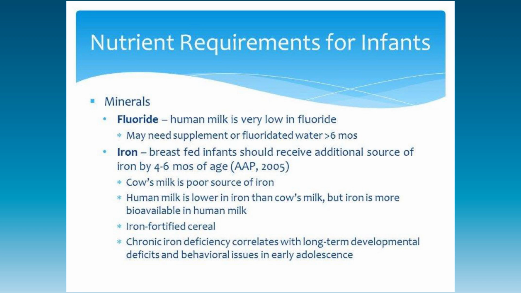Breastfed infants need another source of iron by about 4 to 6 months of age, which usually is not a problem because at that time you're going to start introducing cereal. Cereal is iron fortified. Remember, cow's milk is a very poor source of iron. Breast milk actually is a poor source of iron also, but it has more bioavailability than cow's milk iron.